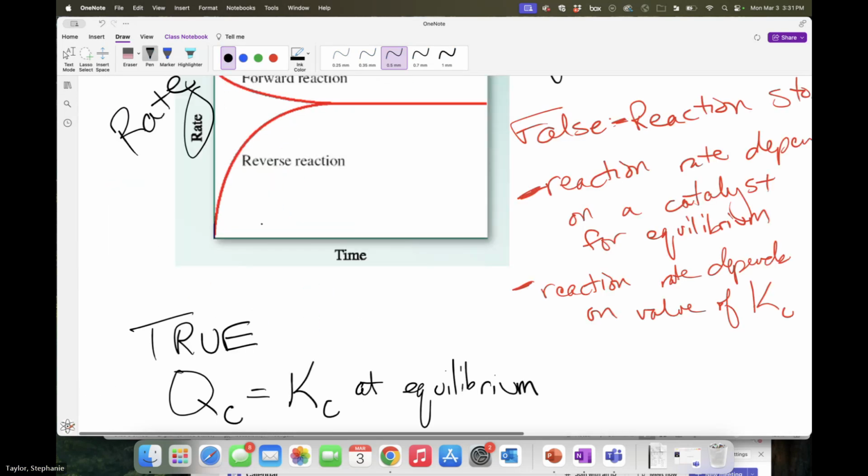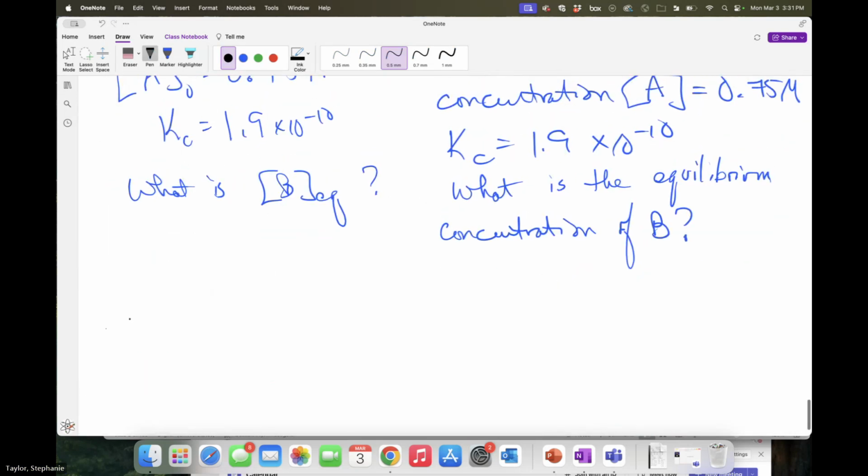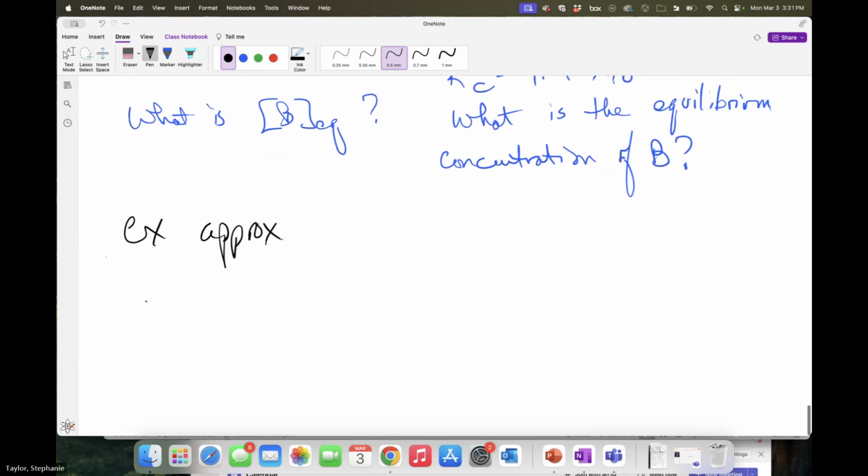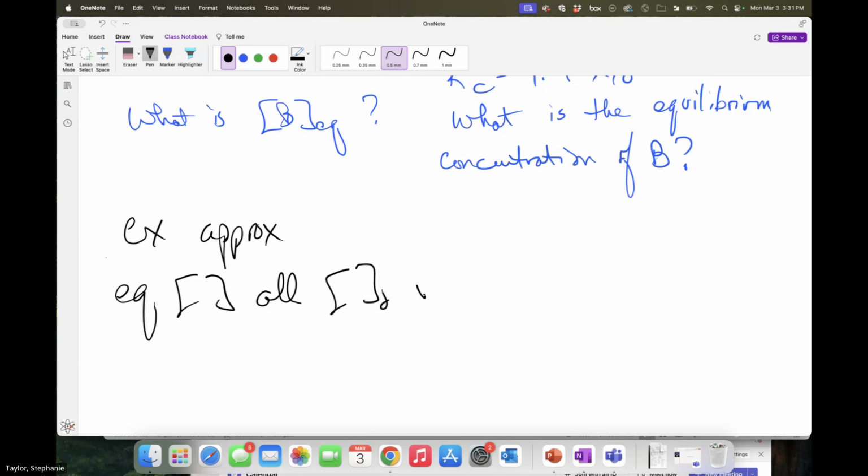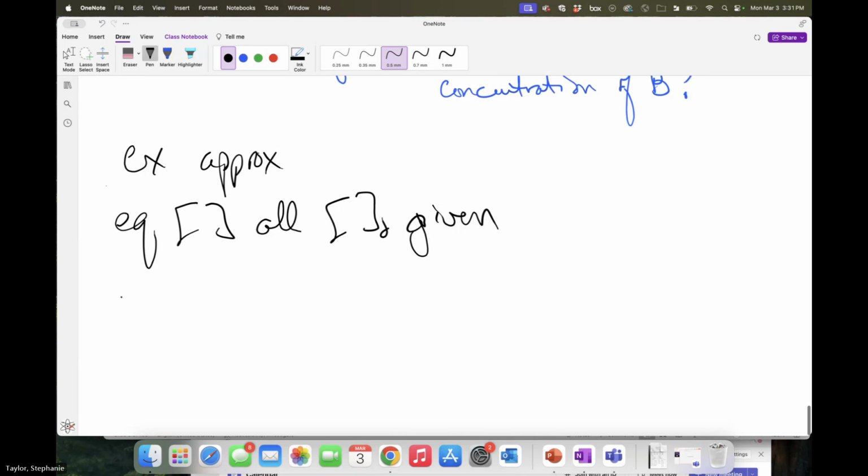Okay. Let's go. Are you ready? Yep. All right. Can you do an example of an approximation problem? Could you go over an equilibrium concentration question where all initial values are given? Can you explain Le Chatelier's principle when it comes to change in temperature?